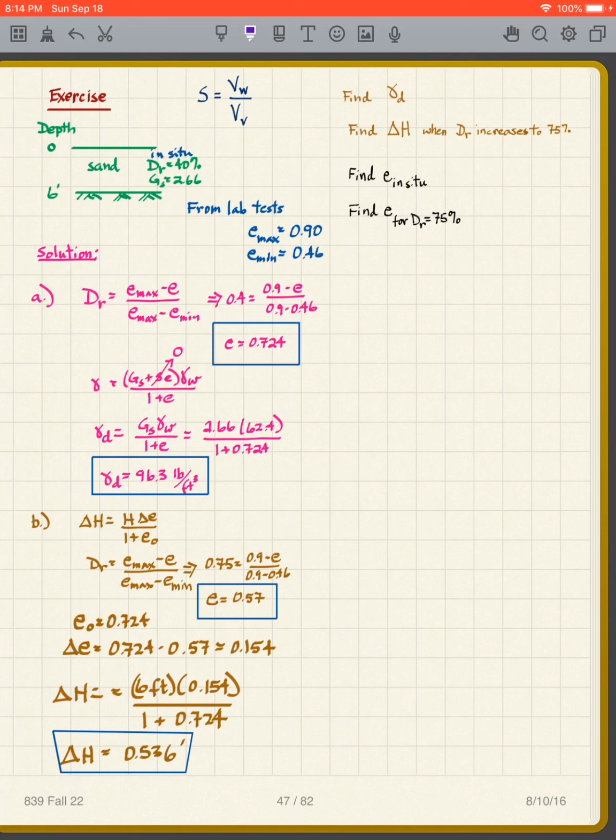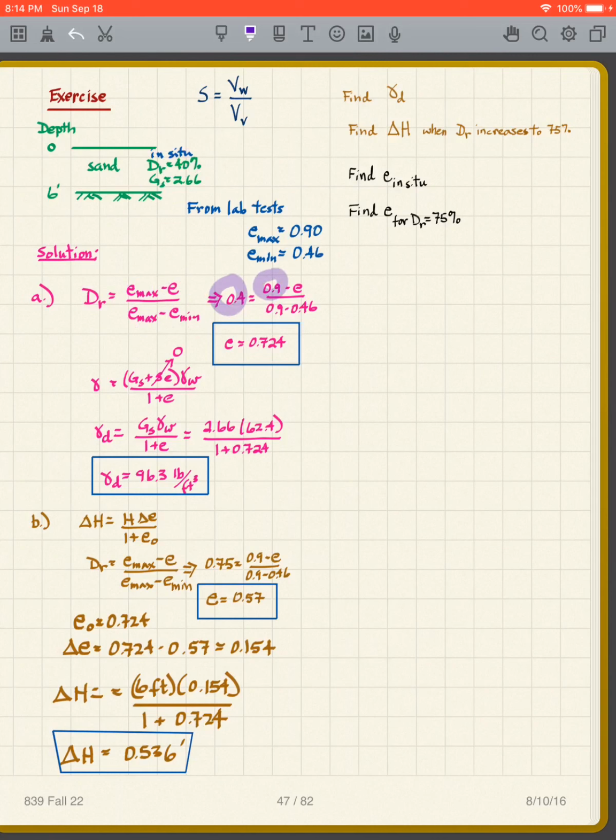Okay, so let's start with the first one, which is I want to know what is the void ratio in situ, E max minus E over E max minus E min. I know the relative density is 40%, so I set it to be 0.4.